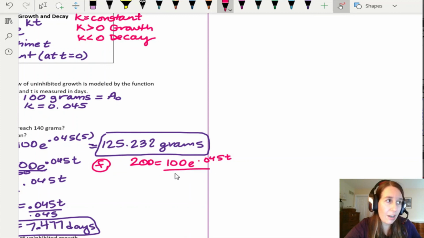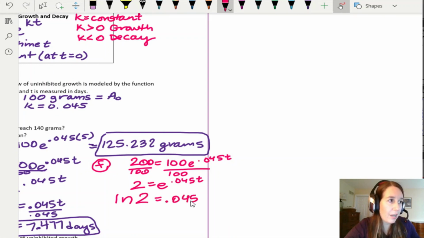To solve this, we solve the exact same way we did in part E. Divide by 100, so that's 2 equals e to the 0.045t. Change to natural log, so natural log of 2 equals 0.045t. Divide both sides by 0.045.